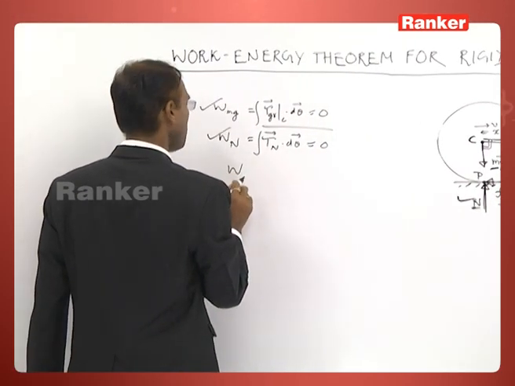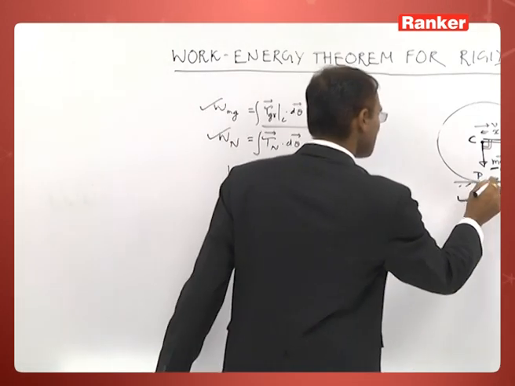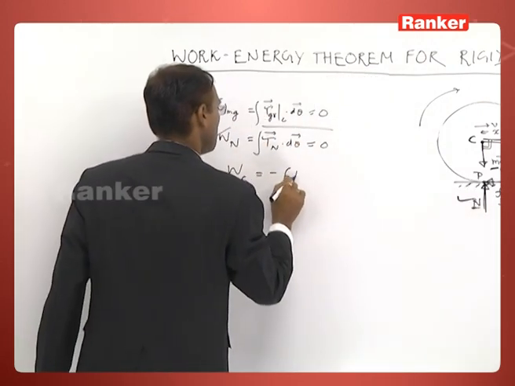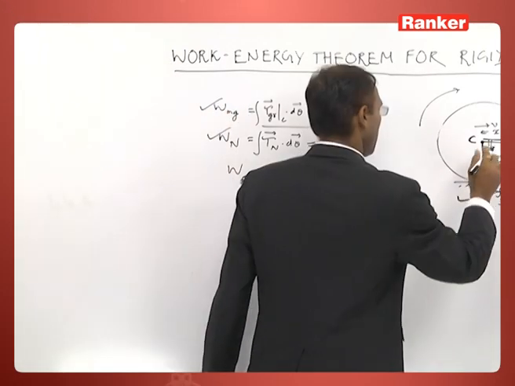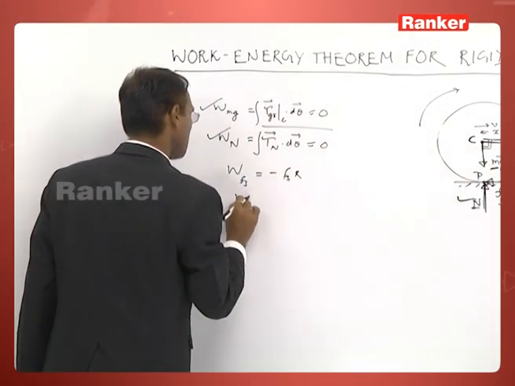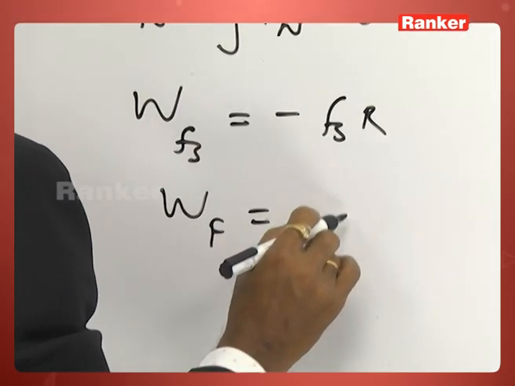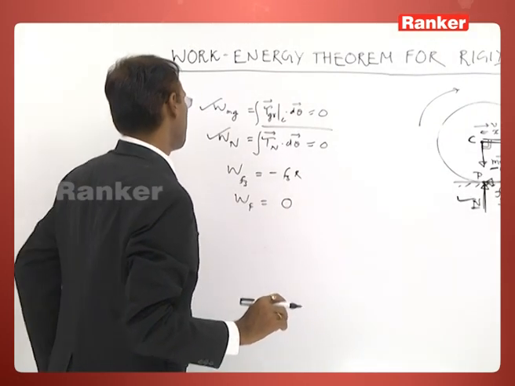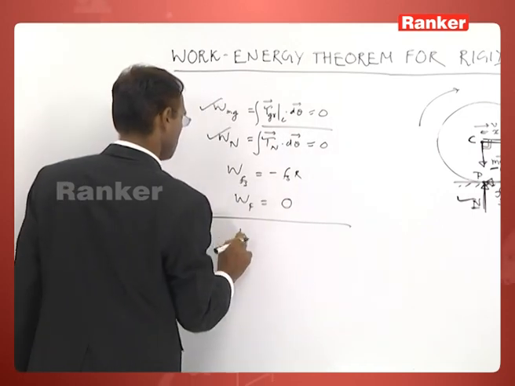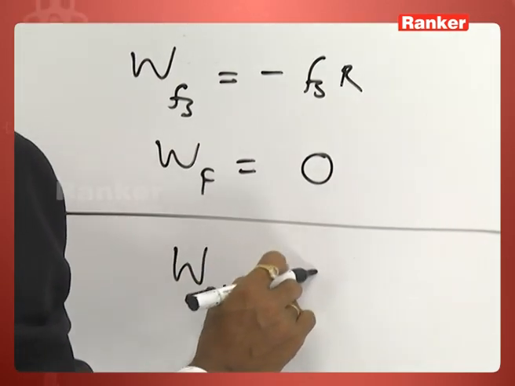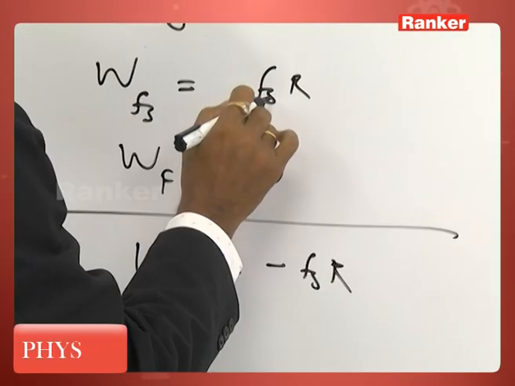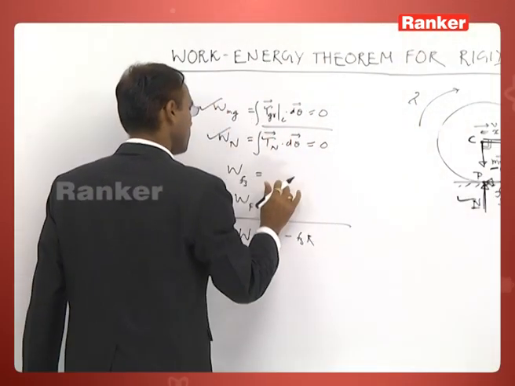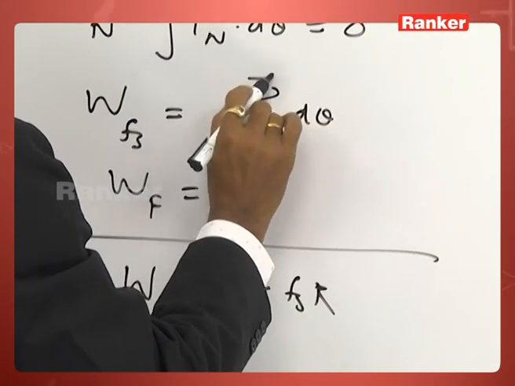Next, work done by the frictional force. This force of friction will produce a clockwise torque, minus Fs into r, about the center of mass. And the external force passes through the center of mass and cannot produce a torque, therefore its work done will be equal to 0 for rotating the rigid object. So the net work done for rotation is the integral of torque tau dot d theta.